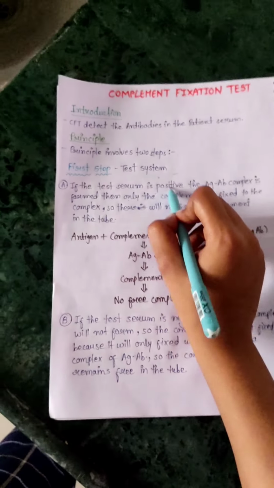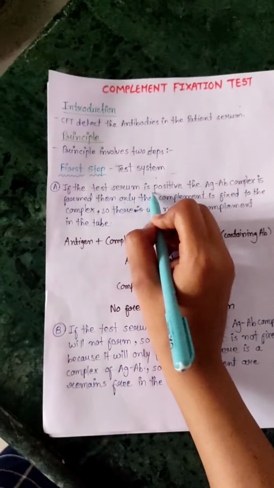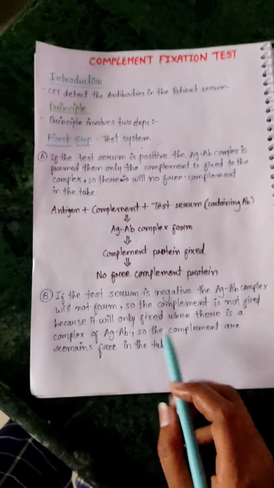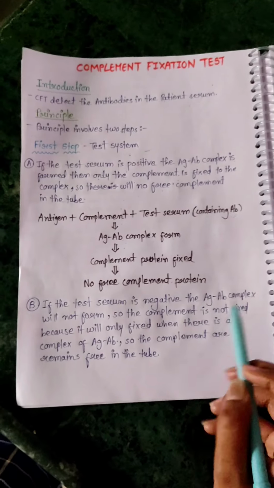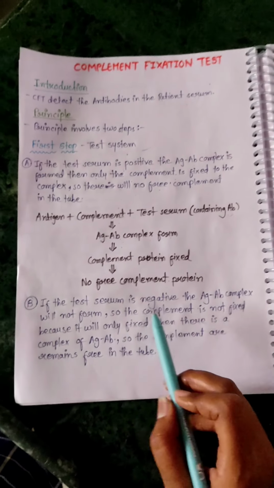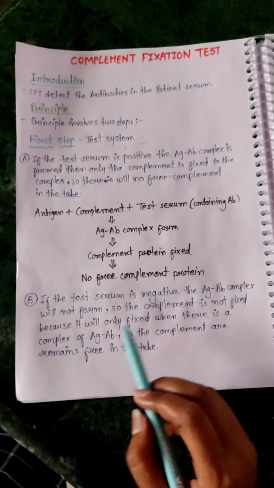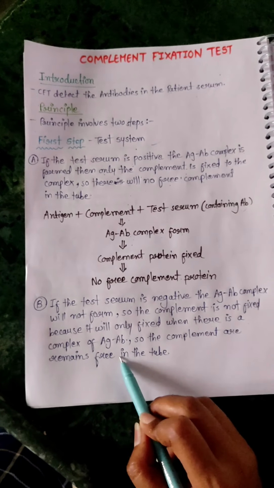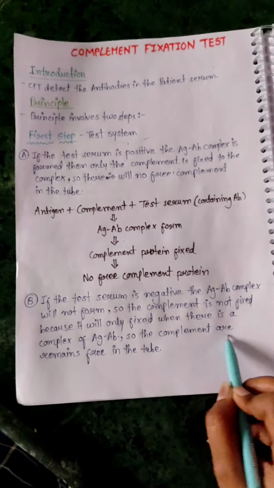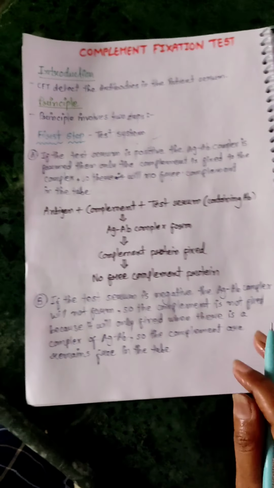The test serum is positive in this case. Now if the test serum is negative, the antigen-antibody complex will not form. So the complement is not fixed, because it is only fixed when there is a complex of antigen and antibody. So the complement remains free in the tube.